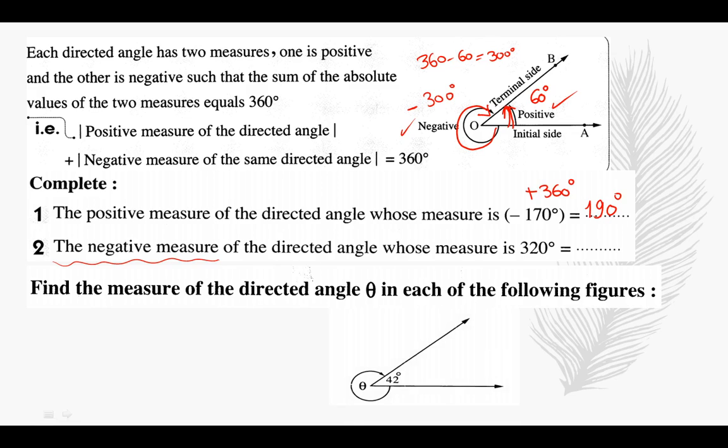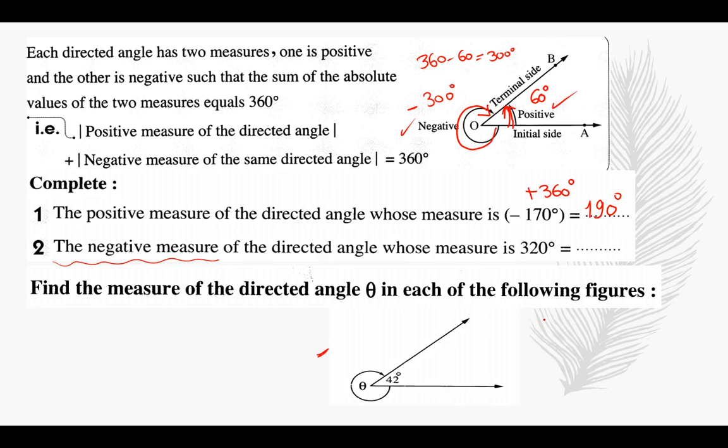Find the measure of the directed angle theta in each of the following figures. Here, the measure of the angle 42 is given to you, and he wants to find the measure of the angle theta. First, the direction of the arrow is clockwise, so the measure of this angle is negative. So we will write negative.